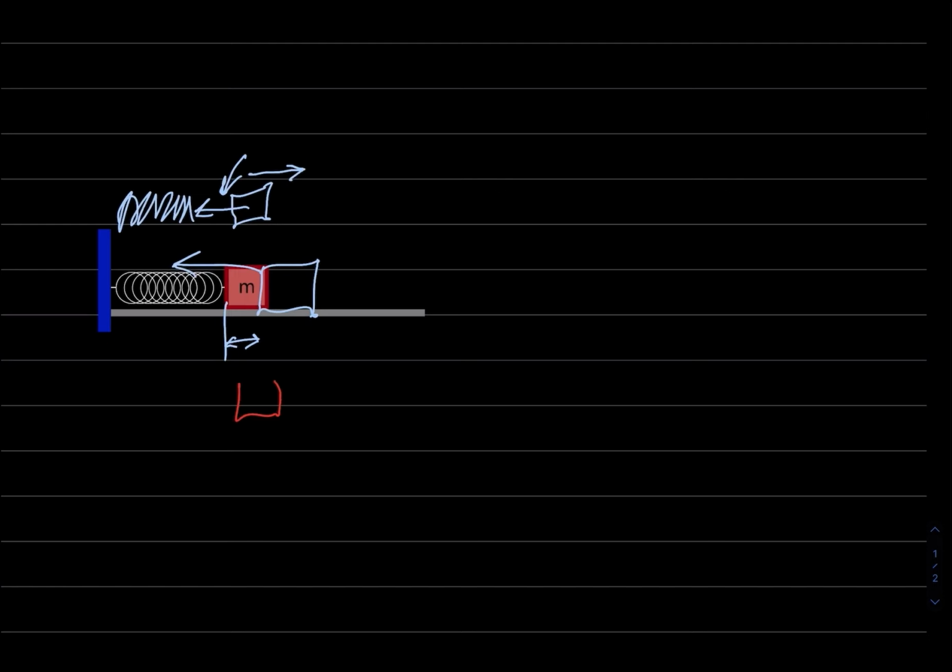So if you move the mass a distance x sub naught, and you always have to measure from the same part of the mass, the force that tries to push the mass back to the equilibrium position equals the amount that you've moved it times a constant. That's what proportional to means. It means it's times a constant.